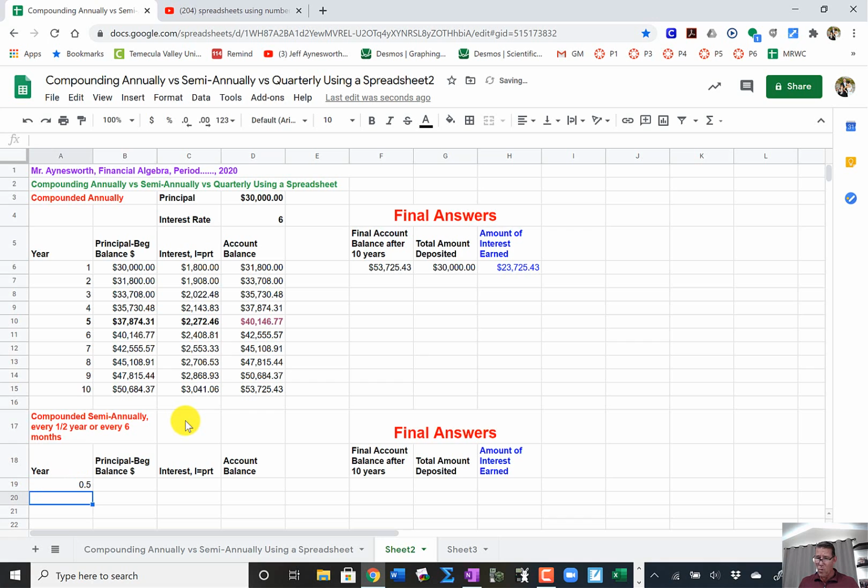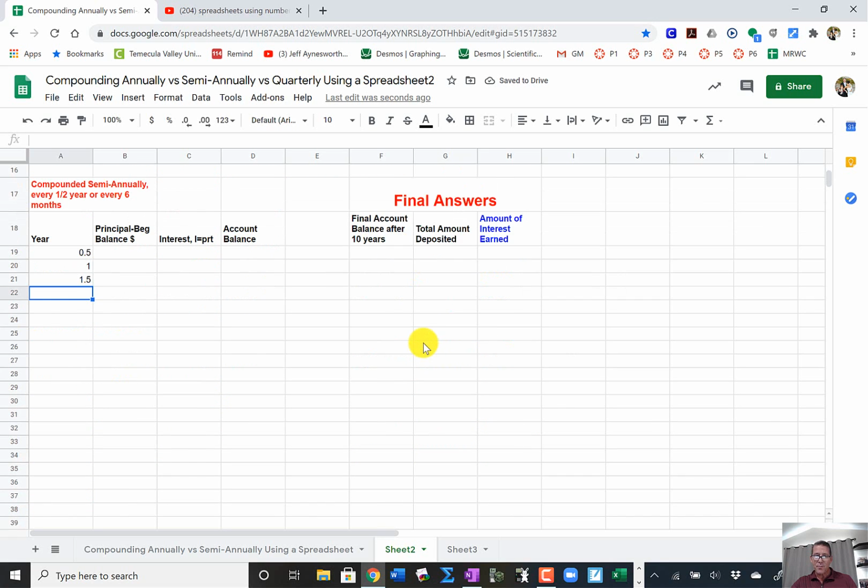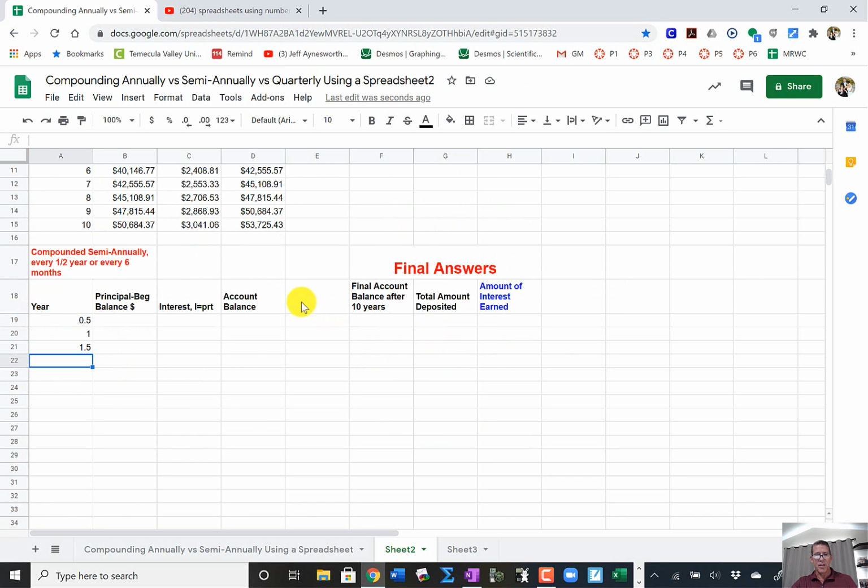All right, and then 1, and then 1.5, and we're going to go by increments of 1/2 because we're doing it every 6 months or every half a year, which means it's semi-annually. Okay, semi meaning half a year, every half a year. Now, remember what I said about the spreadsheet. Google Sheets or Excel, either one, recognizes a pattern.